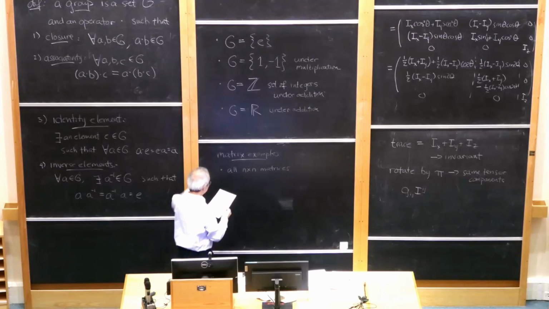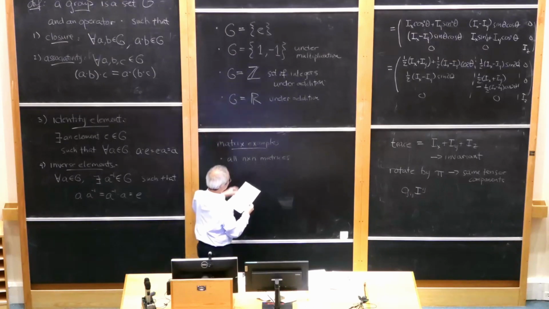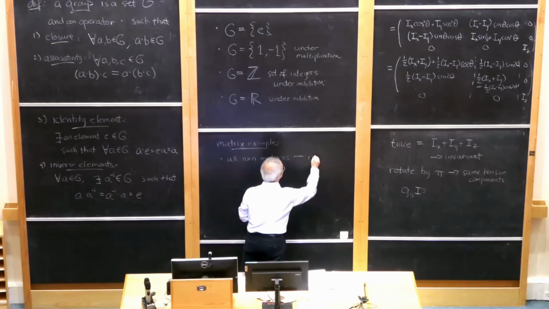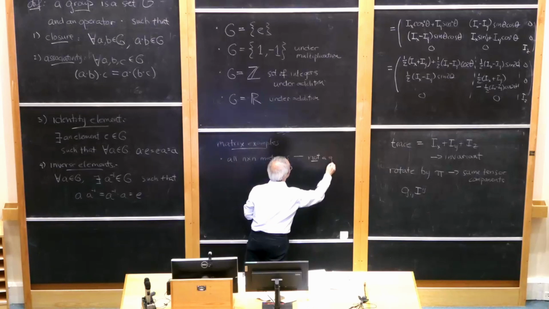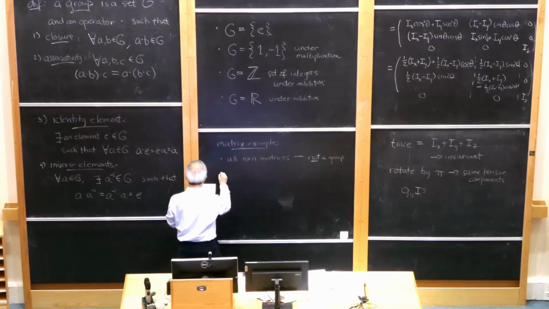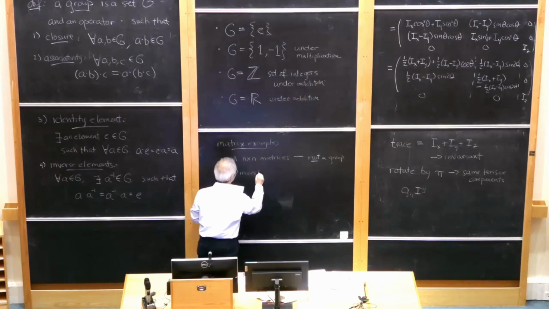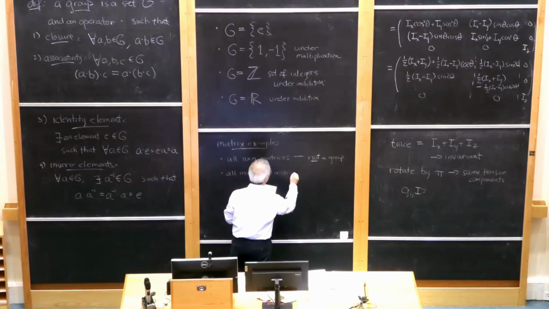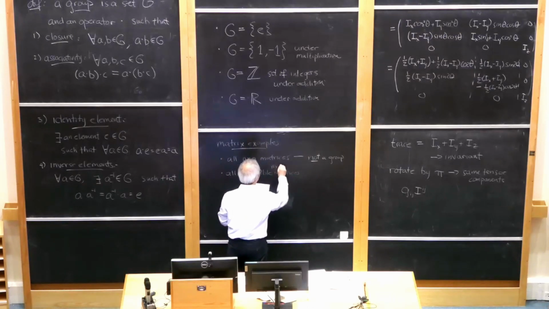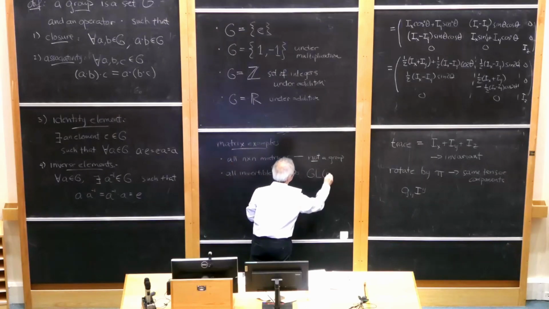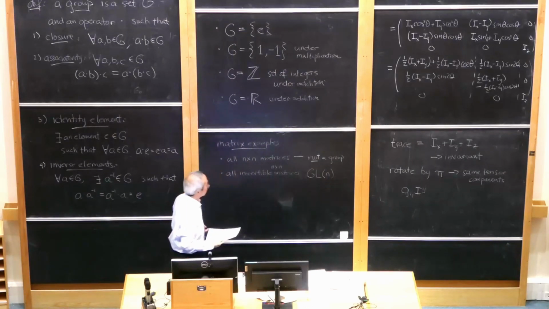Well, not exactly. Right, so not a group, because of course not all matrices are invertible. But you can define all invertible n by n matrices, and we oftentimes will call that the general linear group of order n.